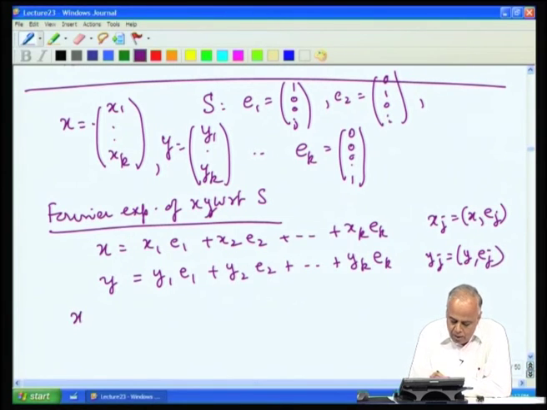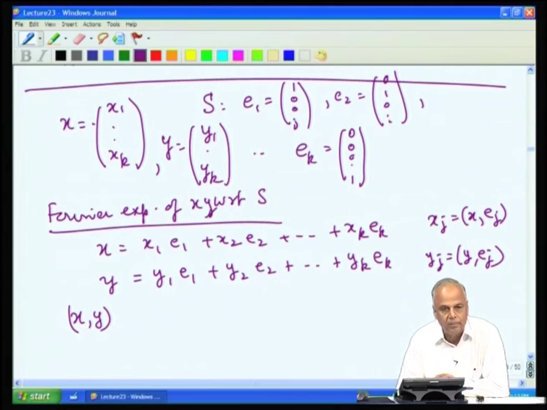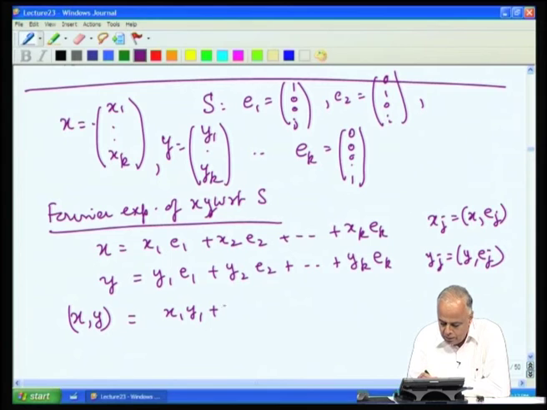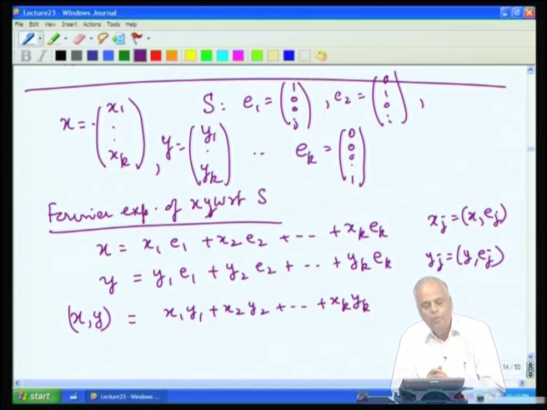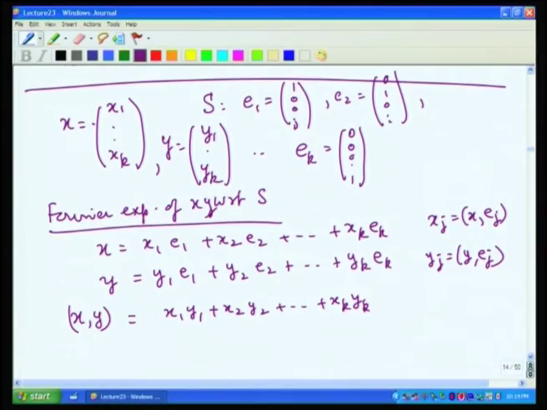Now, what is the dot product of x and y, or the inner product of x and y? It is x 1 y 1 plus x 2 y 2 plus x k y k, which is the sum of the products of the Fourier coefficients with respect to this basis. Remember, x 1, x 2, x k and y 1, y 2, y k are all the Fourier coefficients.